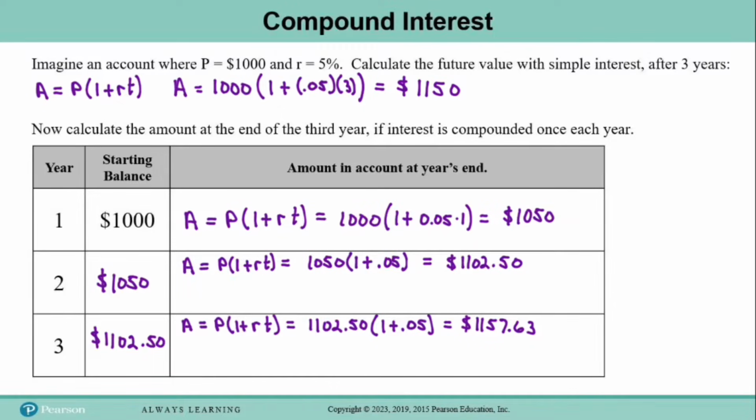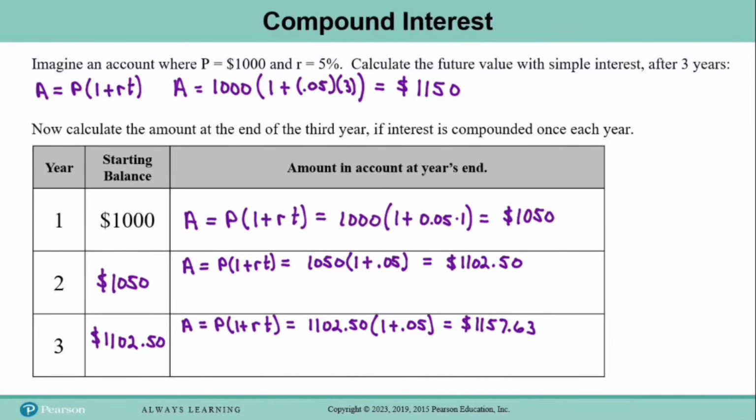Okay, now if you subtract the amount at the end of the third year from the amount at the end of the second year, you can see that this time we gained $55 plus some change. So the first year we gained $50, the second year we gained $52.50, the third year we gained $55.13. So because our interest earns interest each year, the amount of interest we earn each year also grows.